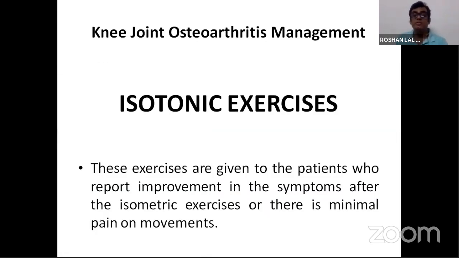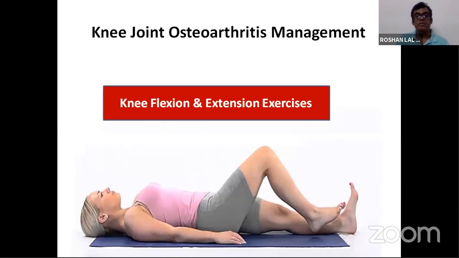Isotonic exercises. These exercises are given to the patients who report improvement in symptoms after the isometric exercises, or there is minimal pain or improvement. We can recommend isotonic exercises like this.